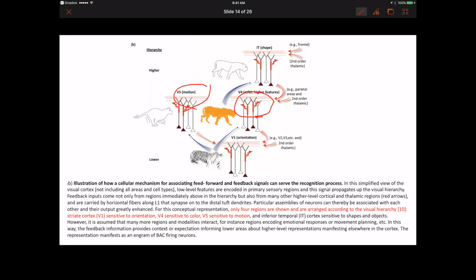So at each layer of the cortex, we have the feed-forward signal and the feedback that's going back to look for error signals, comparing prior notions of movement, prior notions of color features, prior notions of orientation, until we finally, in the infratemporal cortex, arrive at the total shape of the tiger. So this is the kind of hierarchical processing that goes on in the brain, at least according to the model.